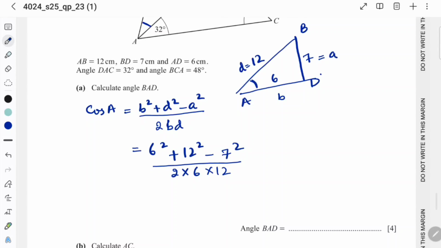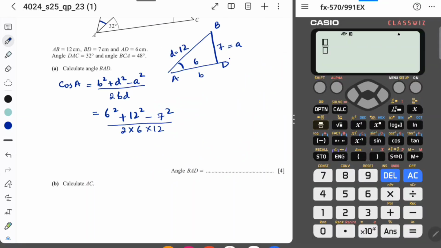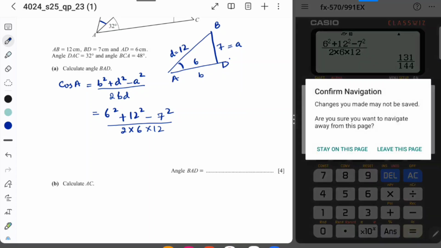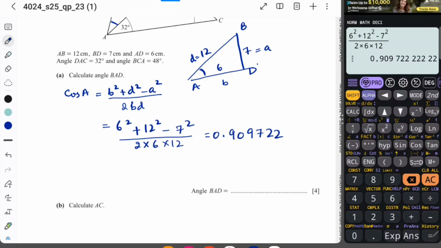Okay, so this is a 4 marks question, so that's why I calculate it. 6 square plus 12 square minus 7 square divided by 2 into 6 into 12. That is coming 131 over 144, which is 0.909722.